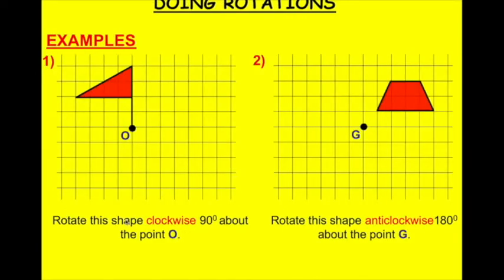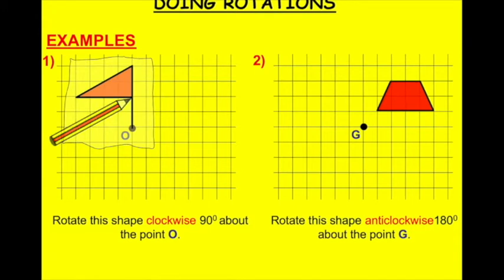Okay, let's take a look at this example. Let's do rotation. The instruction says rotate the shape clockwise 90 degrees about the point O. Well, let's use a basic method, which is using tracing paper. So we put a paper, get a pencil, and trace the shape.